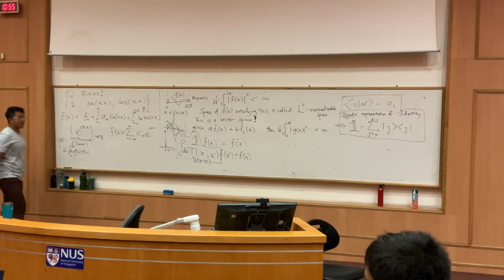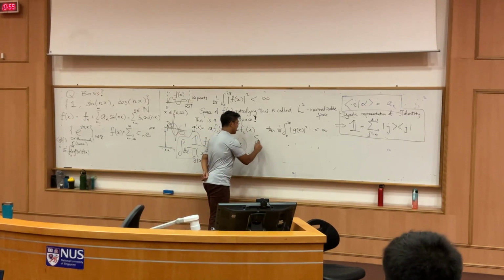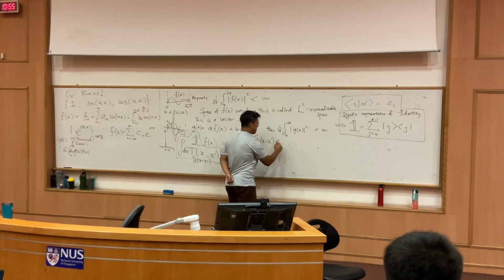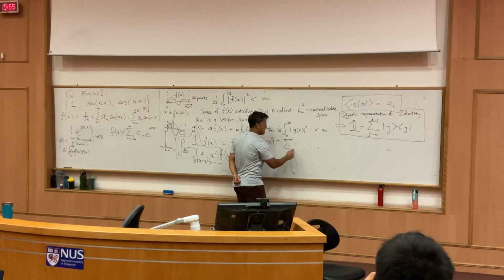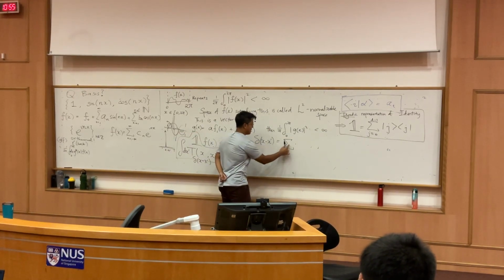If you treat that seriously, that is saying that the Dirac delta function should be writable as the sum, according to that, over those basis elements.